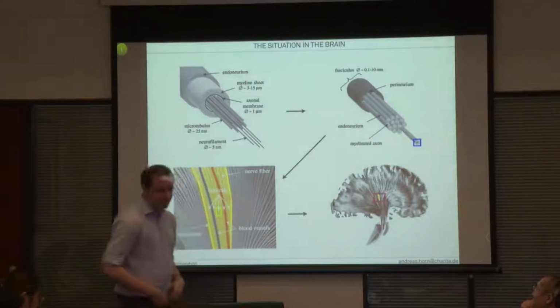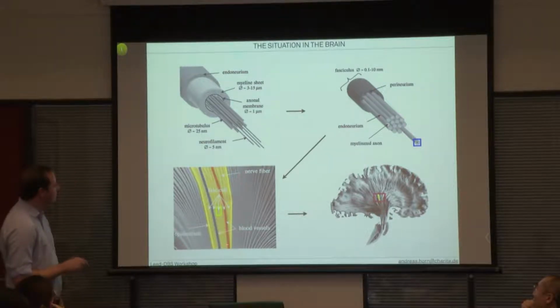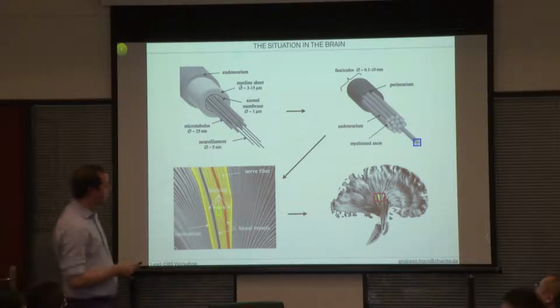And in the brain now, we have very high organization coming from very, very strong bundles that are already very well organized. But inside there, we again have a lot of organization in the same way. And then inside there, we even have more compartments. So there's all the different diffusion.